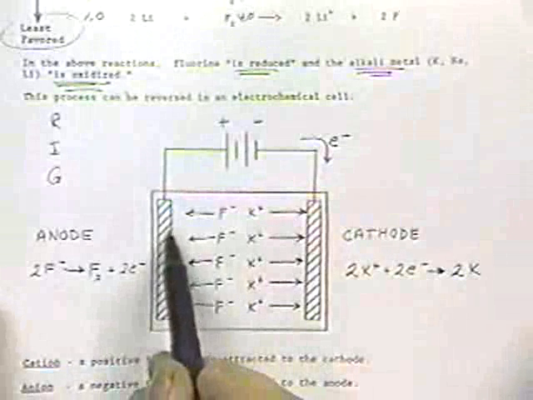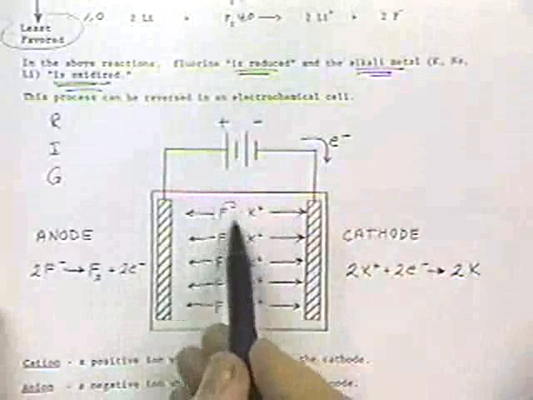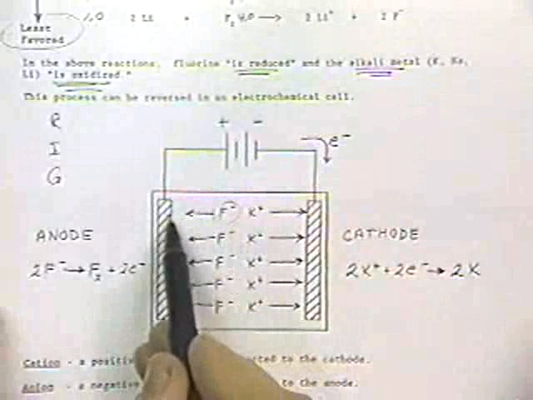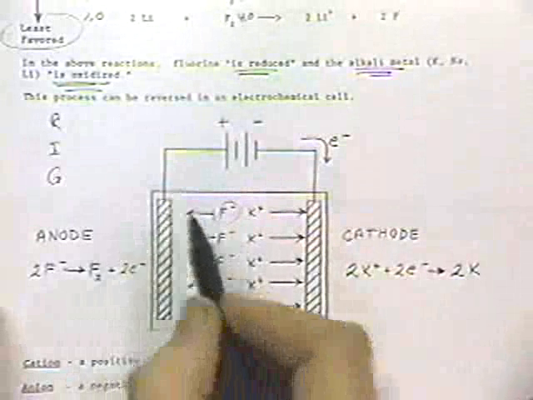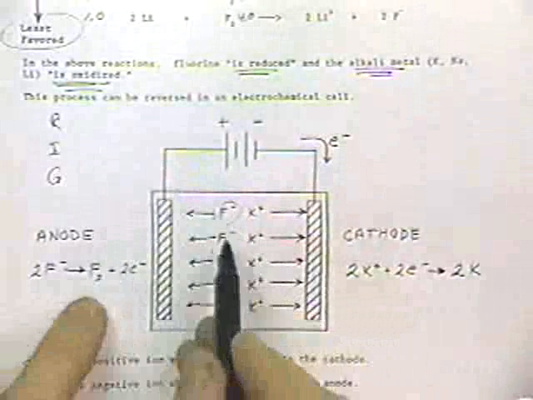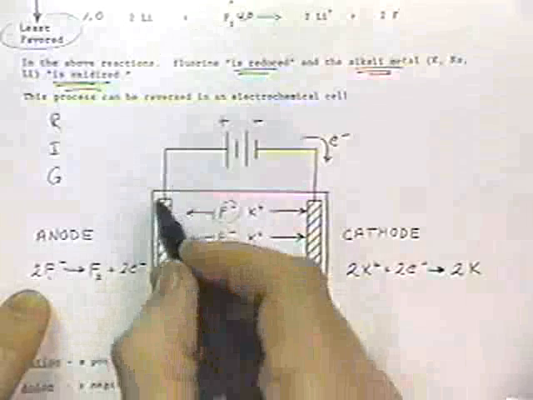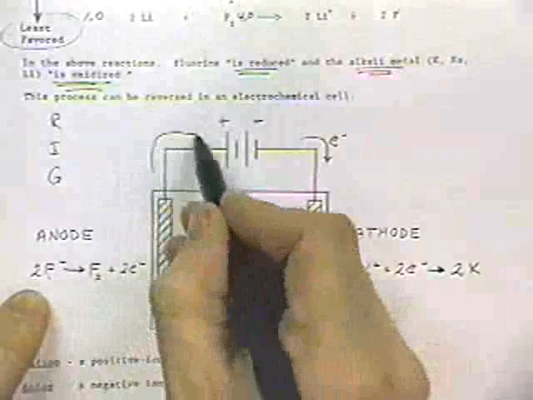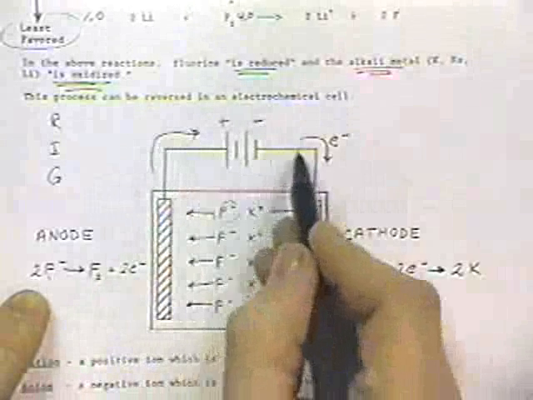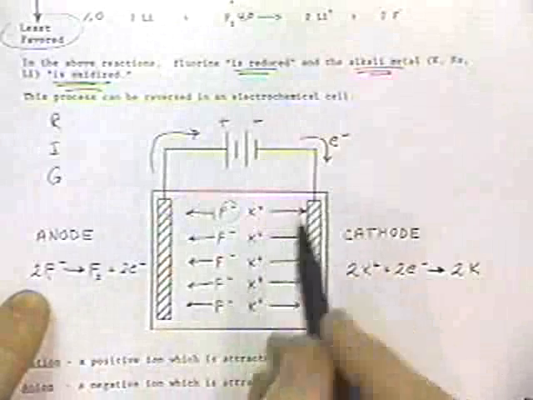What will happen is, because this is a positive charge, all these negative species are going to migrate to it, and what's going to happen is the electron that's on this fluoride ion is going to be stripped off at the anode and pumped up using the battery and pushed on to the cathode.